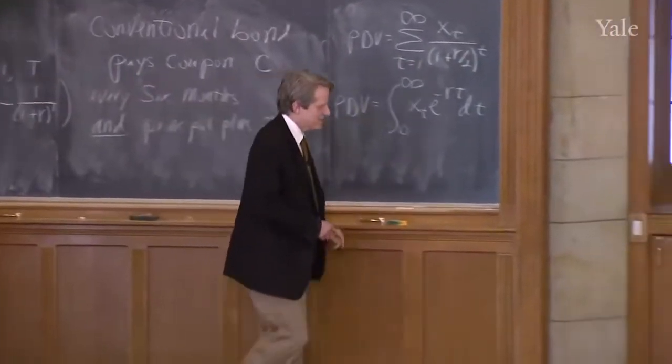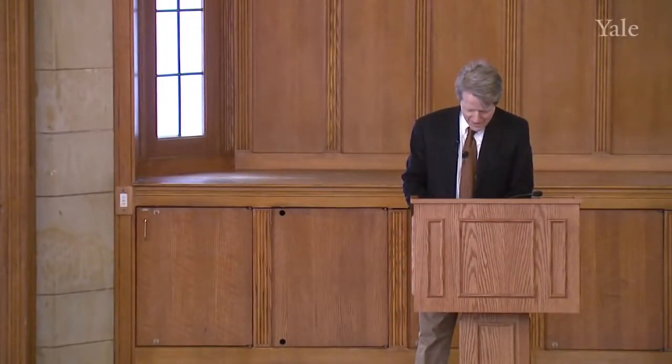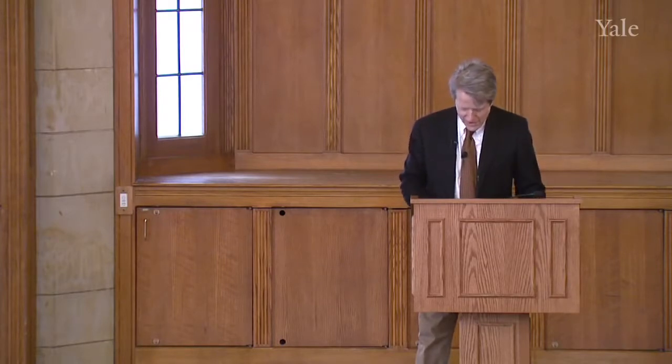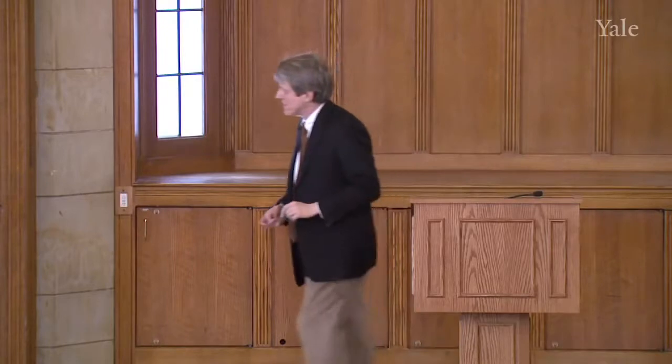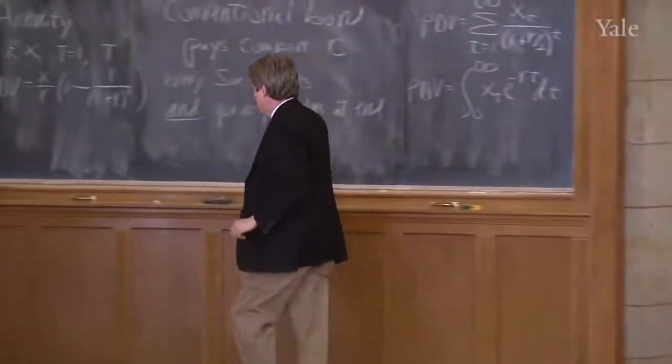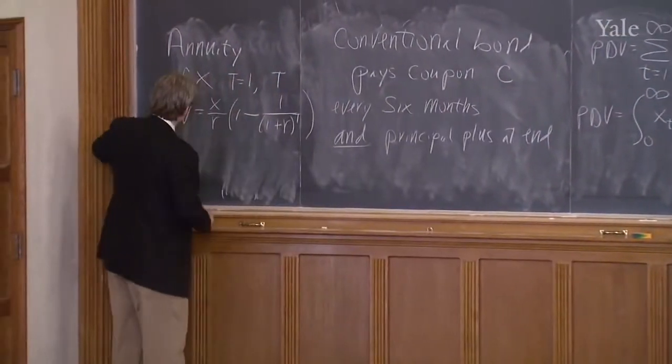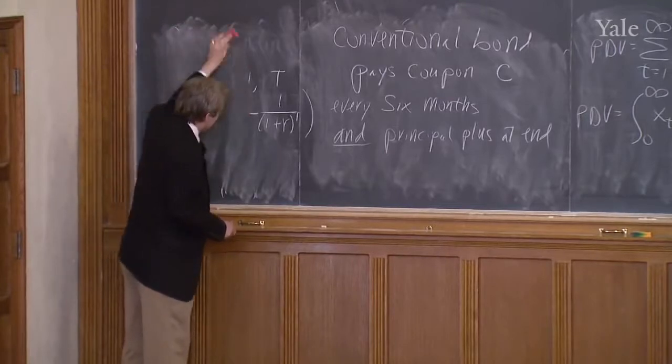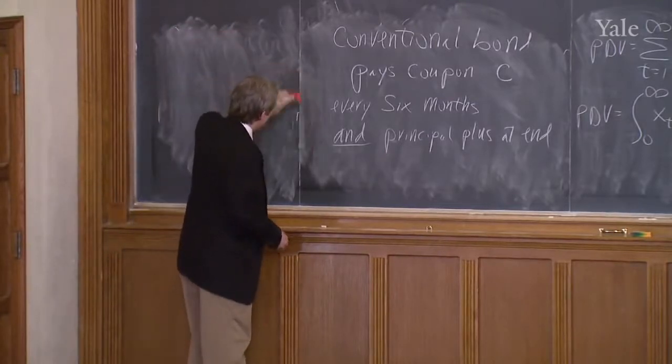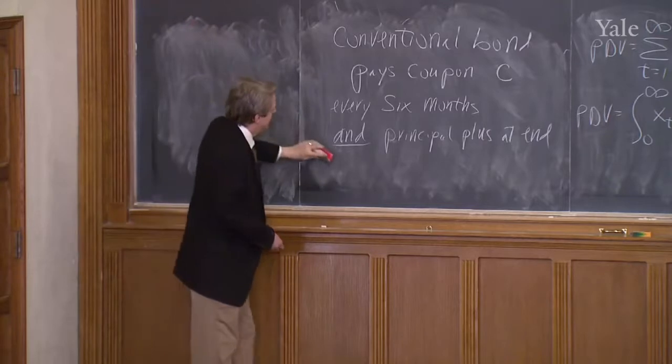And then the final, I think it's the final concept I want to get at before talking a little bit about other matters. I want to talk about forward rates and the term structure of interest rates. Now, at every point in time, there are interest rates of various maturities quoted.